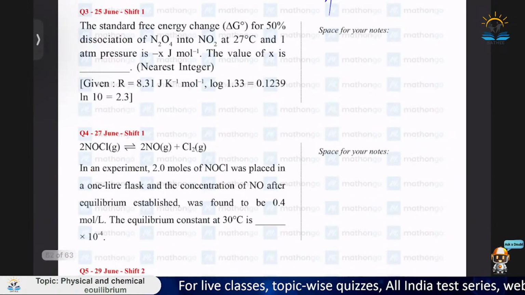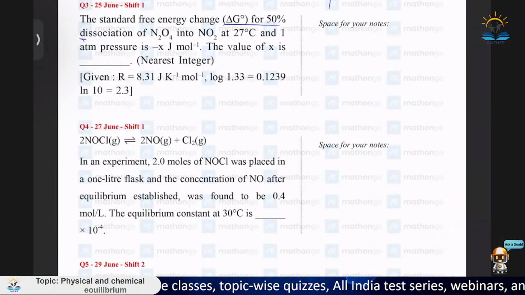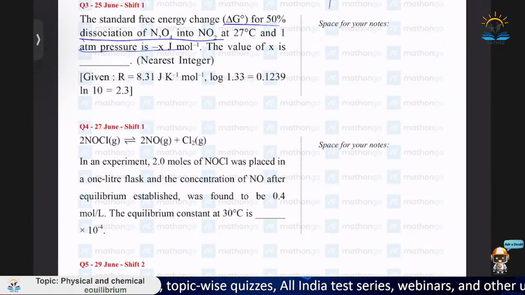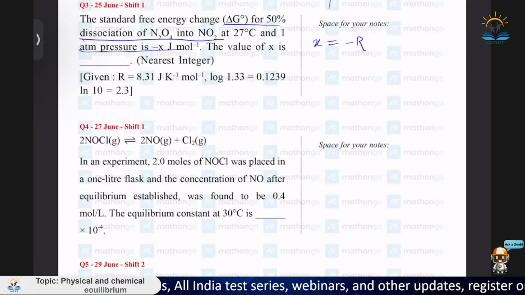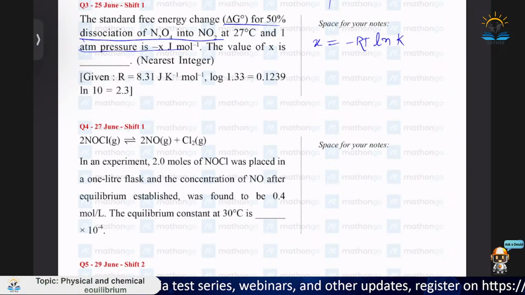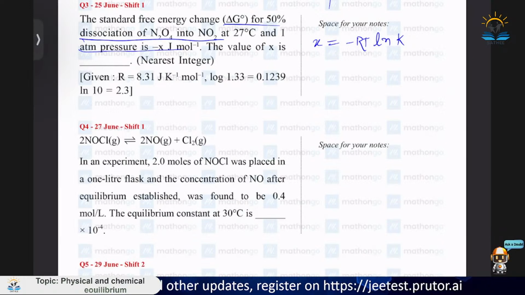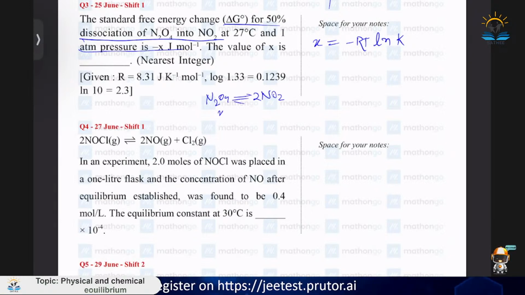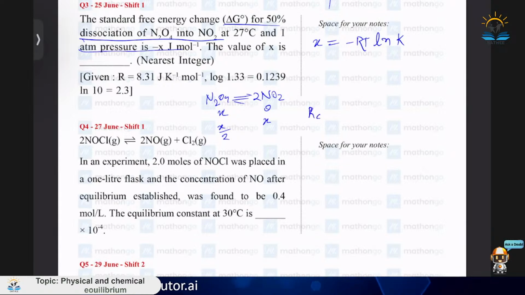So next question, the standard free energy change for 50% dissociation at 1 atm pressure is this. The value of X is. So X is equal to minus RT ln K. Dissociation has been 50%. If this is an equilibrium, then Kc will be defined as x squared divided by x by 2.